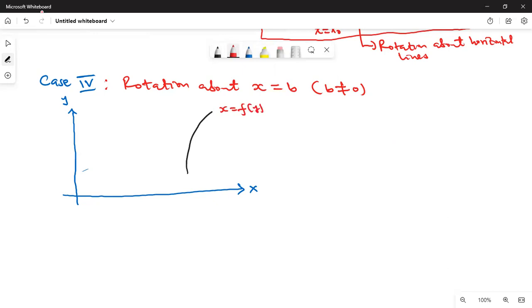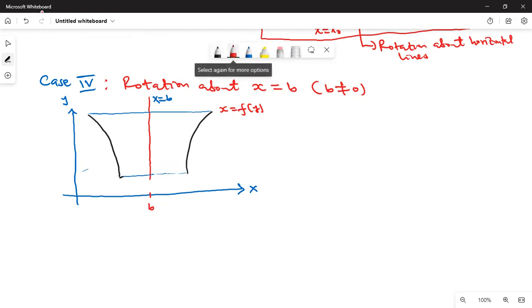We want to rotate it about the line x is equals to b. At this point we have b. So this is x is equals to b. That's our axis of rotation. Now we are going to extend this, also this, so that upon rotating, you're going to get a curve like this one, of which this is circular.